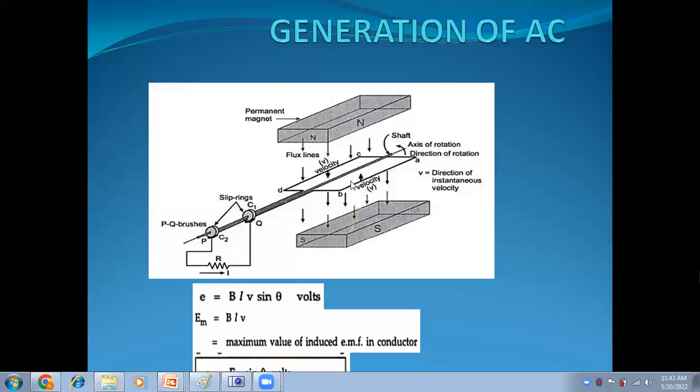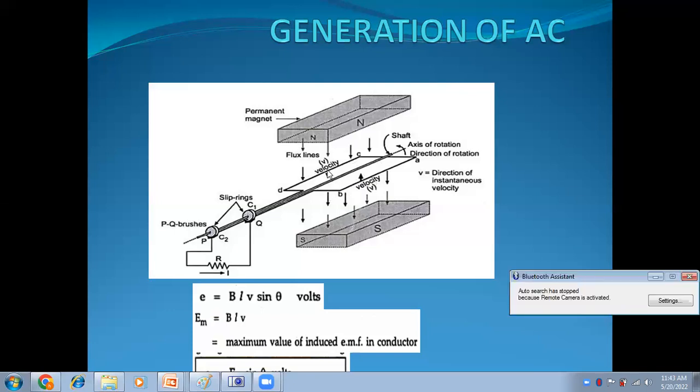Now when the coil makes an angle of 0 degrees, no flux line is cut, because the plane of the conductor is in the same direction as the lines of flux.